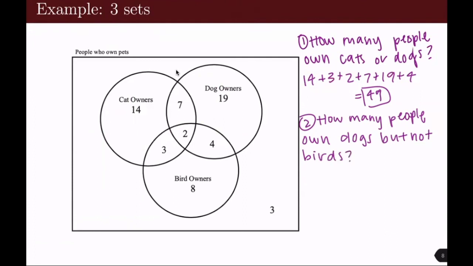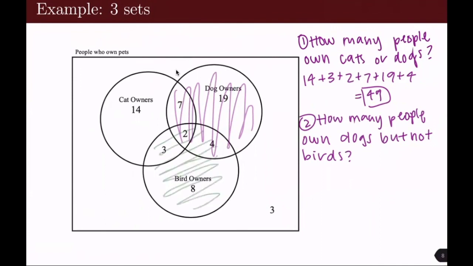How many people own dogs but not birds? All right, so for this, we're looking in the circle here of people who are dog owners. However, we do not want to consider people who are bird owners. So we do not want anyone in this green circle right here. So that means we're only adding the 19 and the 7.